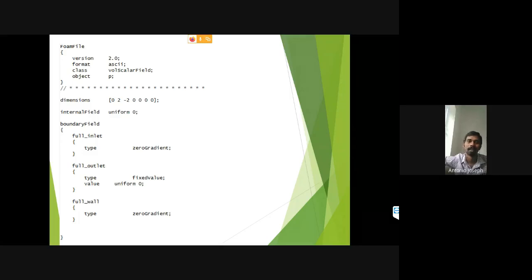So either we need to give pressure at the inlet or outlet, and just opposite to that, we need to specify the velocity.